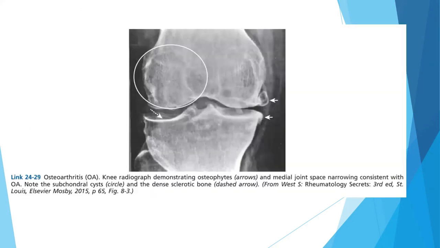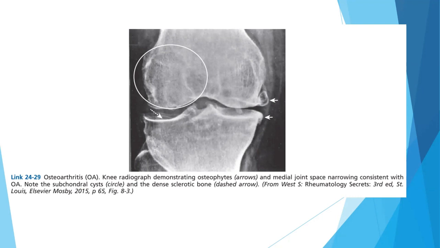In osteoarthritis, you can see the knee X-ray. This is generally seen in your examinations. The knee radiograph demonstrates the osteophytes and the medial joint space narrowing with osteoarthritis. The most significant finding to identify the X-ray of osteoarthritis is through your clinical vignette and looking at the X-ray of the knee joint.